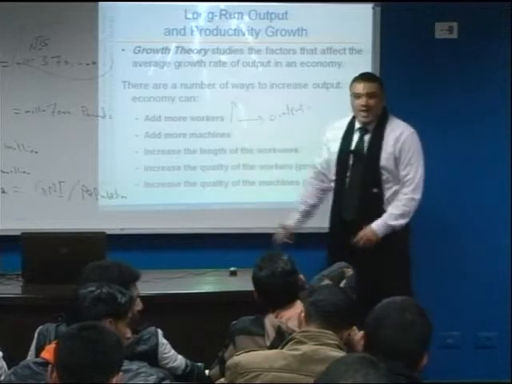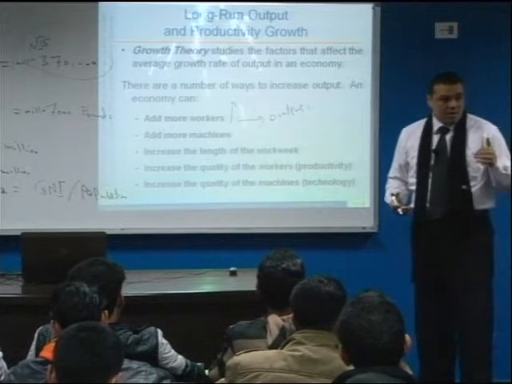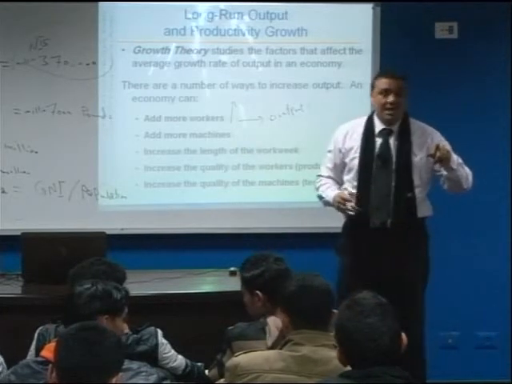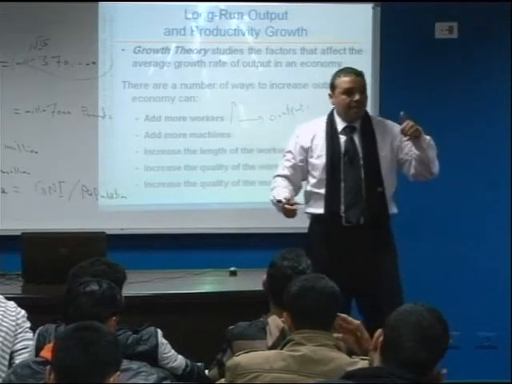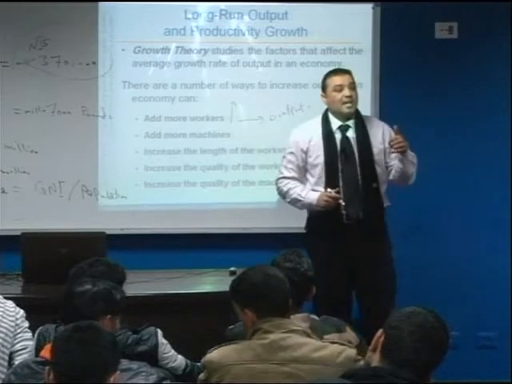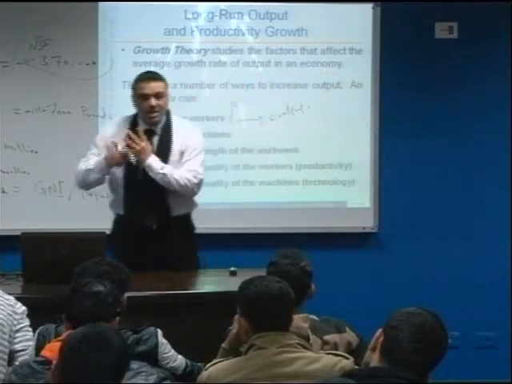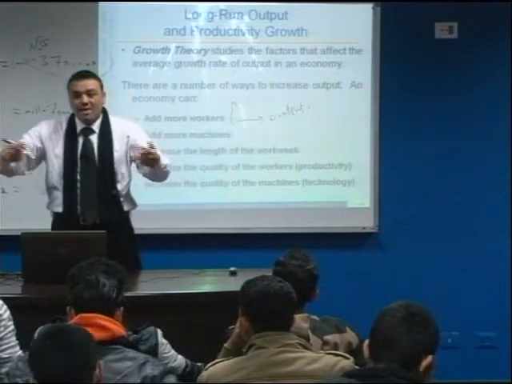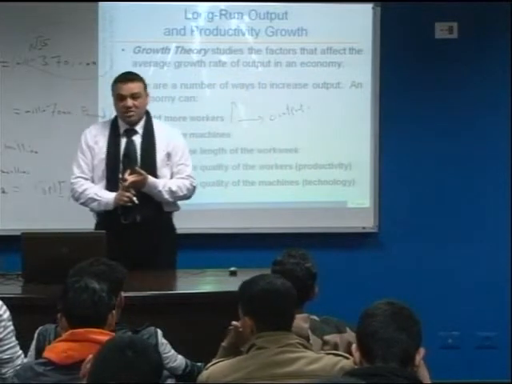What else? We can add more machines, right? But when we talk about growth theory, we're talking about supply, not demand. So the major question is, how could we increase the aggregate output? We can add more workers, more machines, and we can improve the quality or productivity of workers and the productivity of machines for sure.